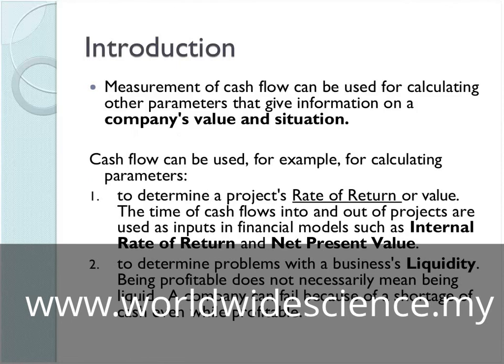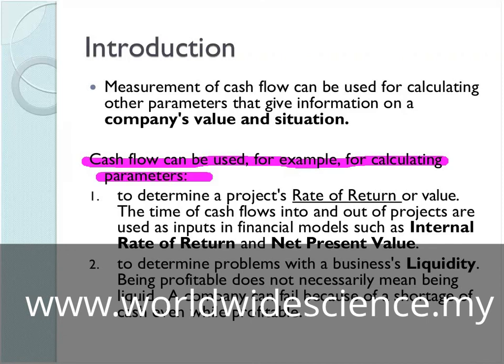Measurement of cash flow can be used for calculating other parameters that give information on the company's value and situation. So the cash flow statement also gives us a picture of the company's situation.